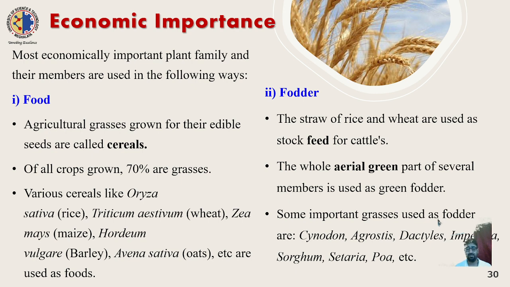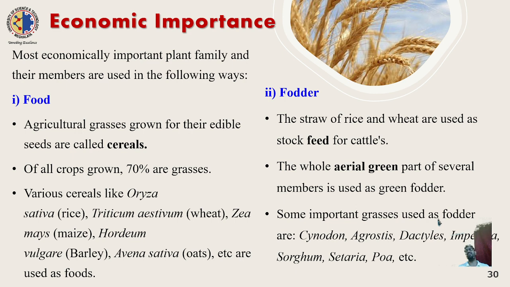Agricultural grasses, which we cultivate and grow, are called cereals. So cereal crops belong to this family Poaceae. About 70% of human consumption of grasses is from the Poaceae.